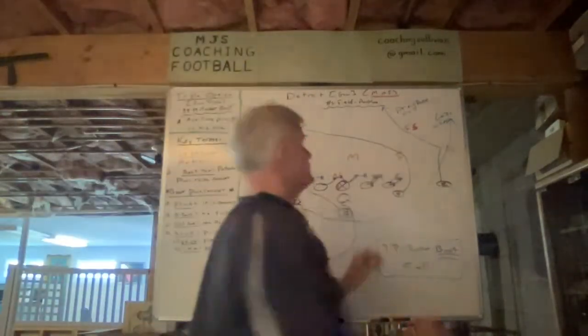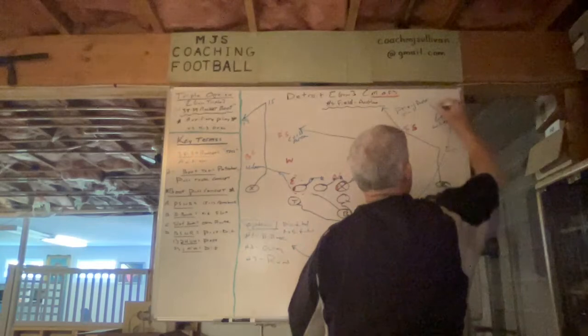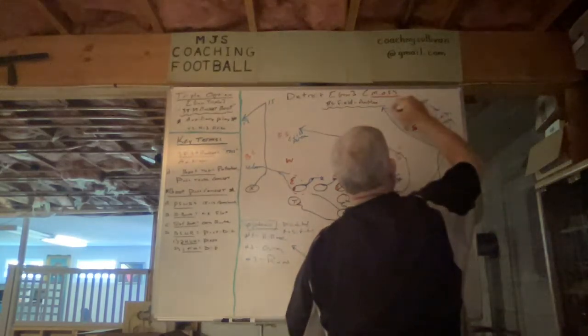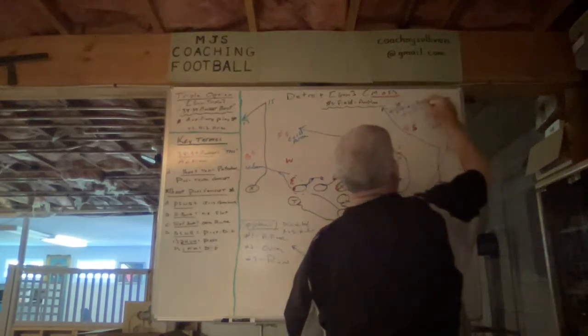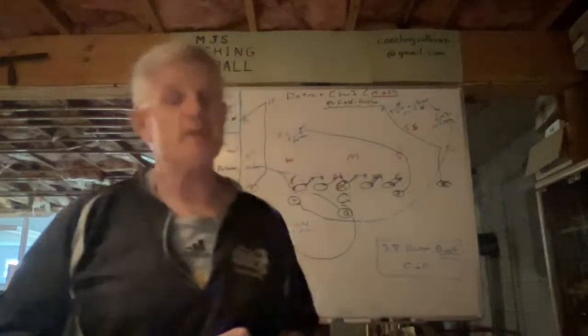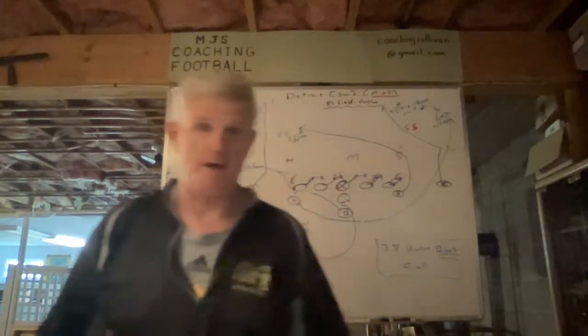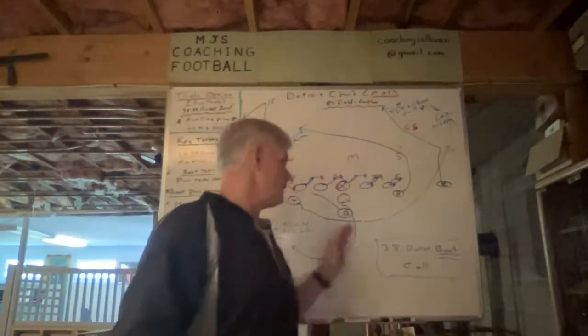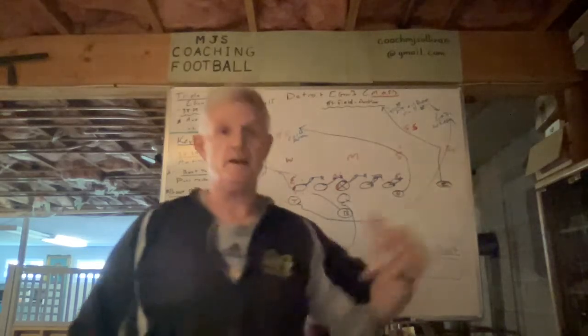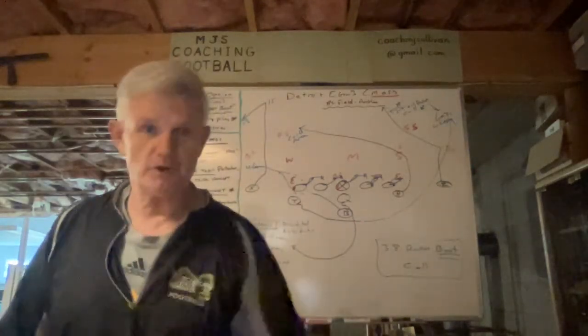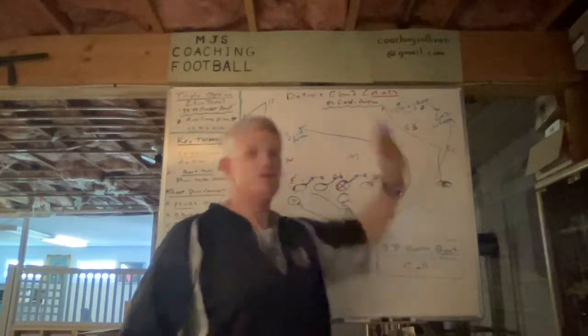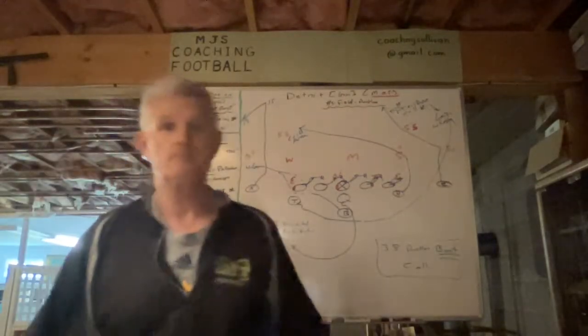Again, this is a press box call. The guy in the press box is keeping an eye on that. But still, coach up your players as to why they're doing it, and then they can better execute the plan. We're trying to see if we can set up throwing a backside wheel.